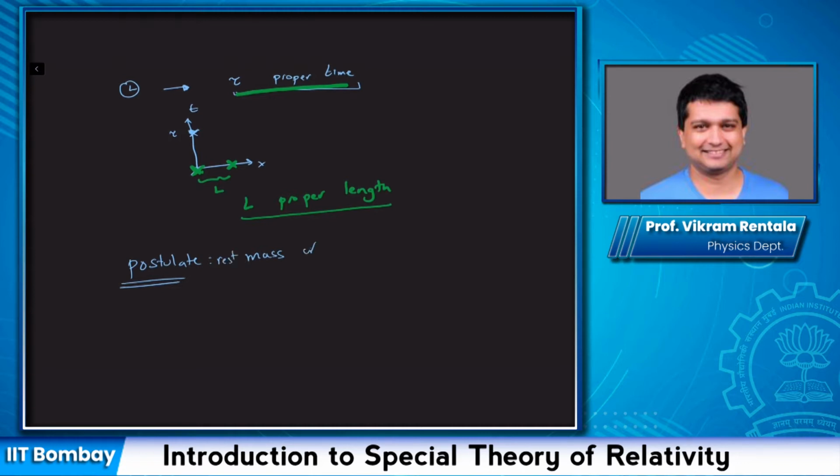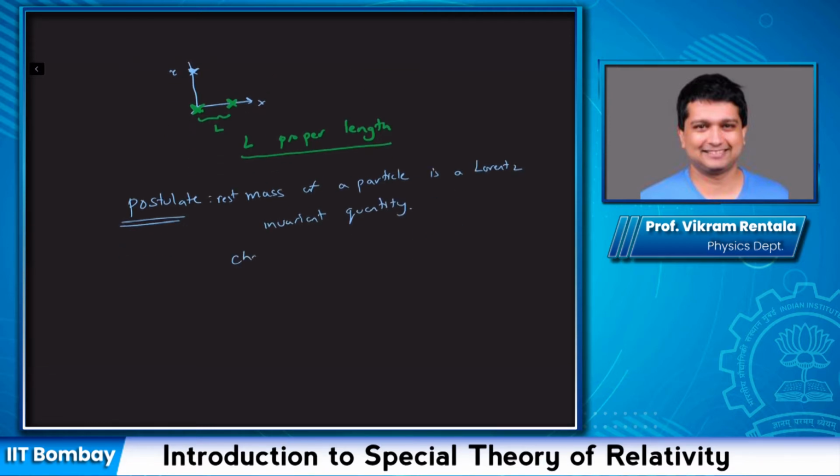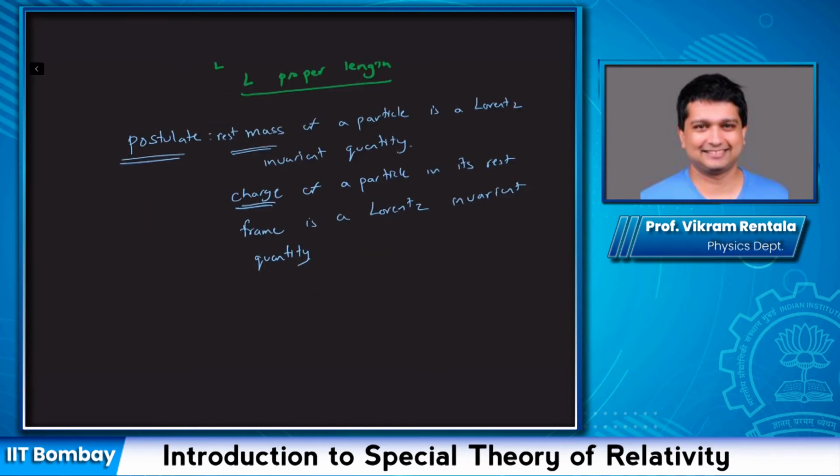So now similarly, we postulate, that is, we cannot derive this, but we assume this to be true, that mass, or what is called rest mass of a particle, is a Lorentz invariant quantity, and charge of a particle in its rest frame is a Lorentz invariant quantity.